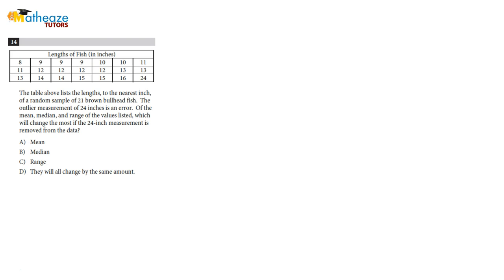Generally, when you have outliers, the measure that is affected the most is the range, because the range is the largest value minus the smallest value. The others will not be changed significantly.